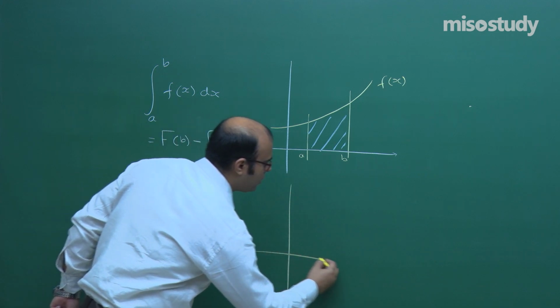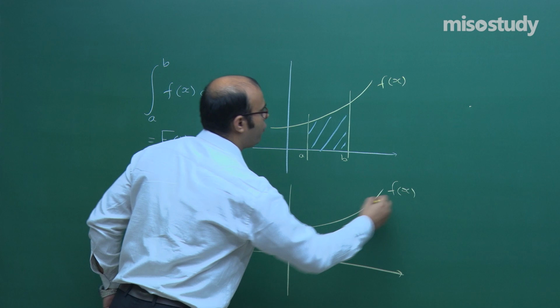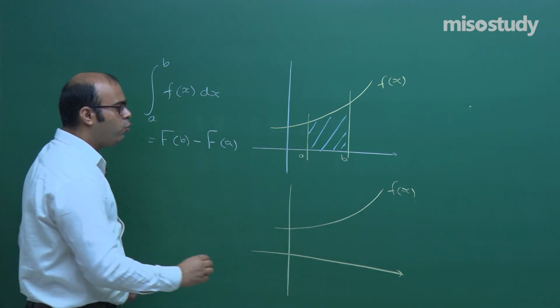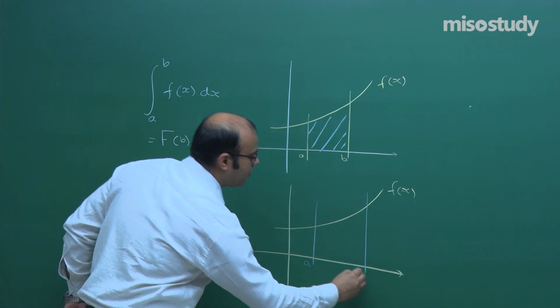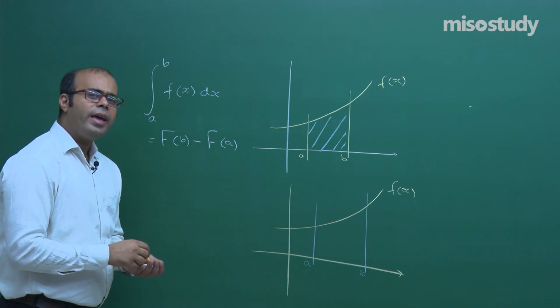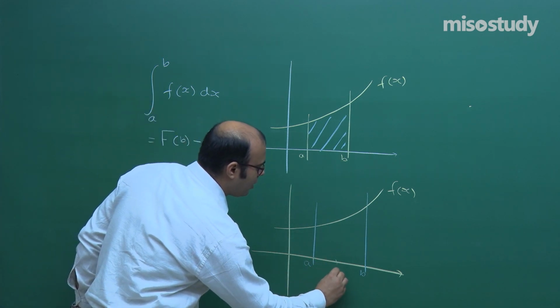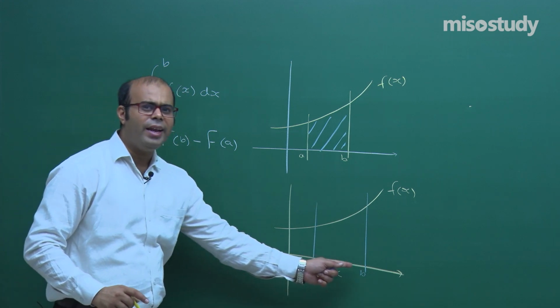So I am drawing the same function f(x) graph here, and instead of taking the integration from a to b, where a is this and b is this, I am taking a value x which is between a and b somewhere. So let us suppose x is here and this is varying from a to b, this x can move anywhere.